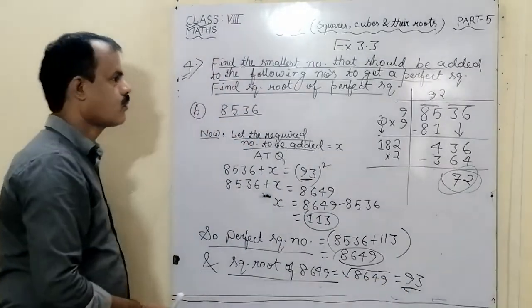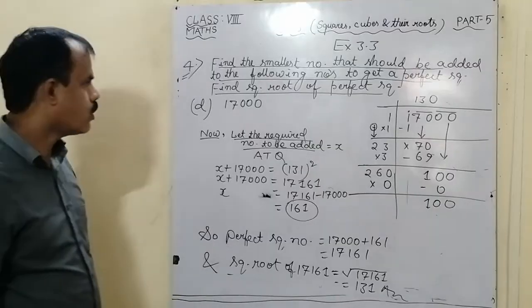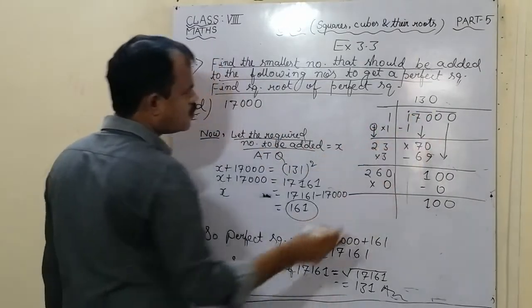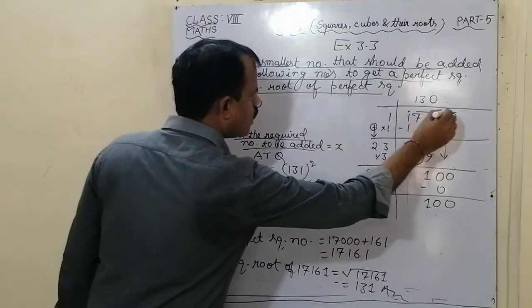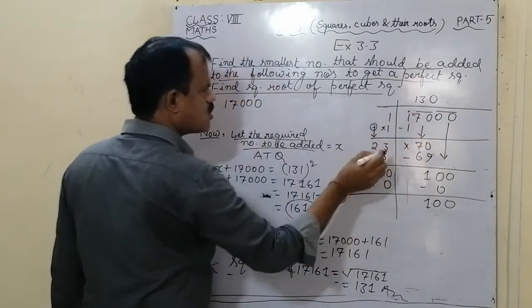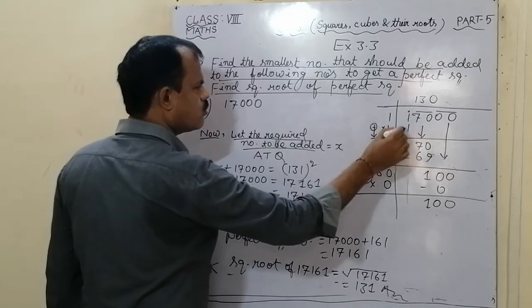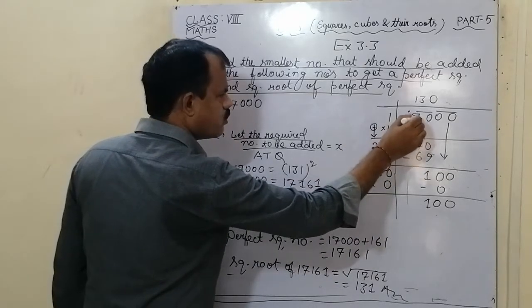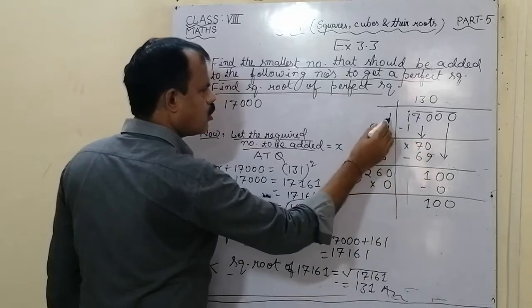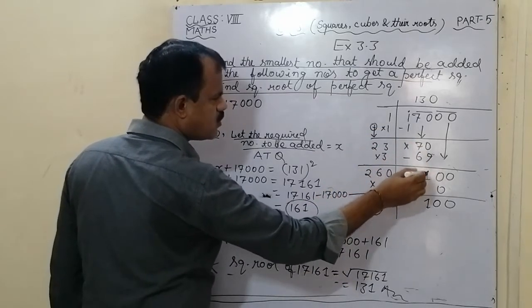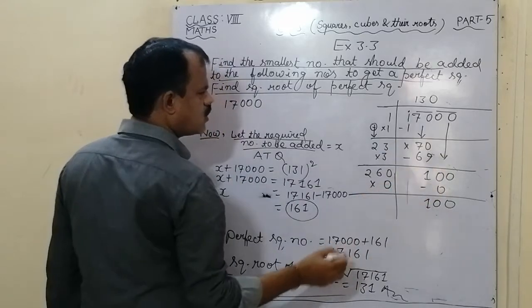Okay, see one more question, D part, 17,000. So we write 17,000, make pairs, one pair, two pairs, and this is single. So the first number is 1, so 1 into 1 is 1, but now bring down 70. Now 1 plus 1 is 2, then 3, 23 into 3 is 69, and it becomes 100.